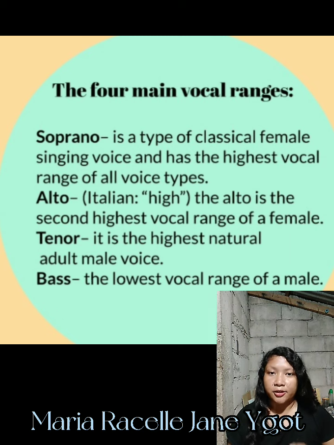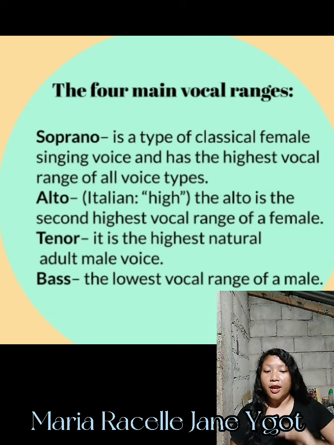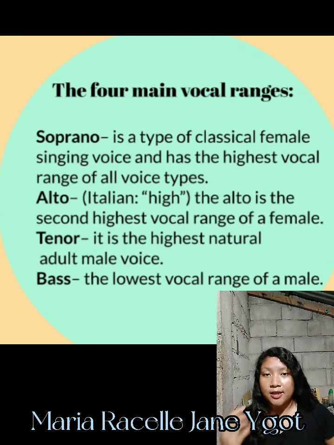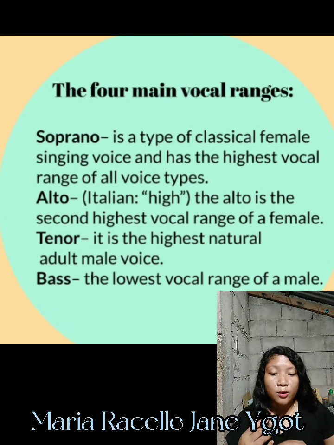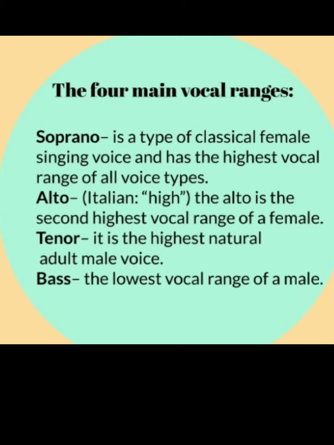Next is tenor. The tenor is the highest natural adult male voice. And the last one is bass. The bass is the lowest vocal range of a male, meaning the bass is the lowest vocal range of all.